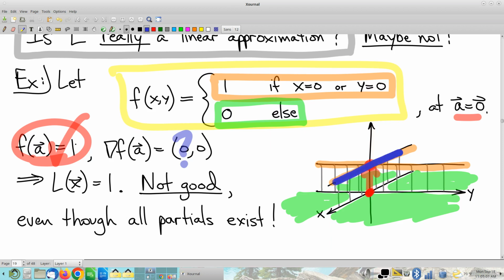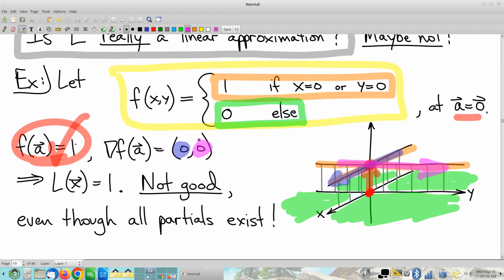If I want to look at how the function is changing when I'm at the origin, as I move in the x direction, the value of the function is not changing at all. That's constant as I move exactly in the x direction. So this first partial derivative is 0. And likewise, for the second partial derivative, as I move in the y direction from the origin, still the value of the function is constant and thus 0.